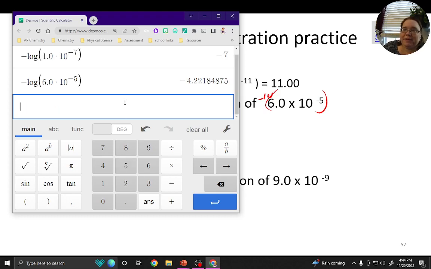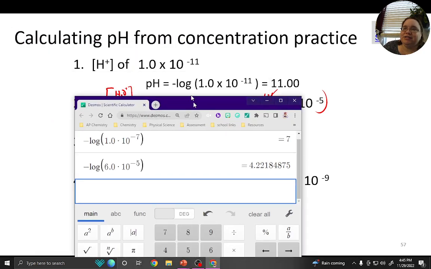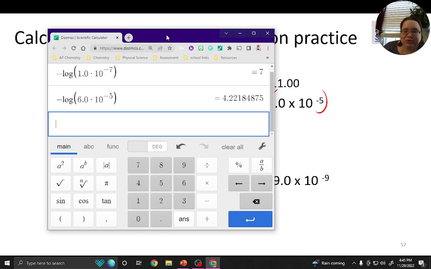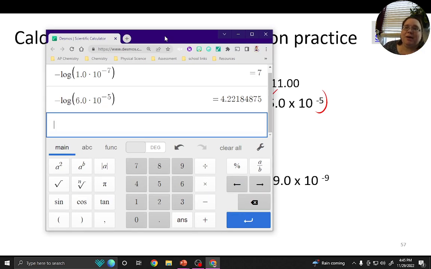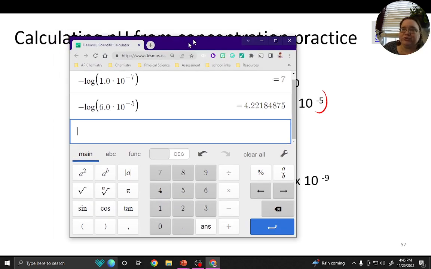So what is my pH? Well, my pH is 4.22. Since I have a 2-digit concentration, that means I need 2 numbers after the decimal. So my pH is 4.22.